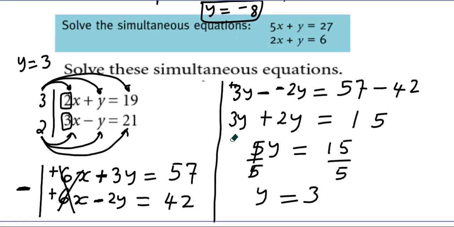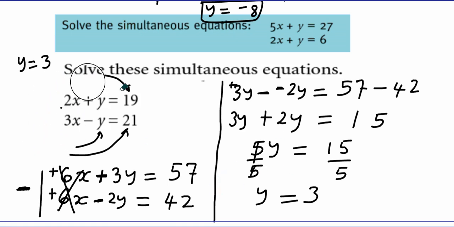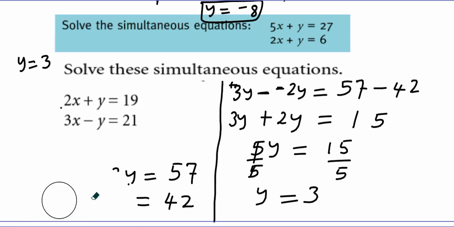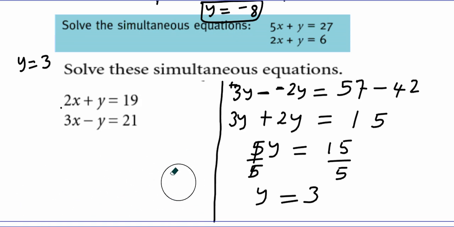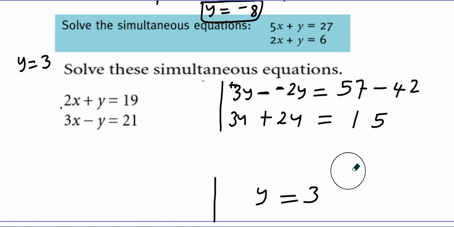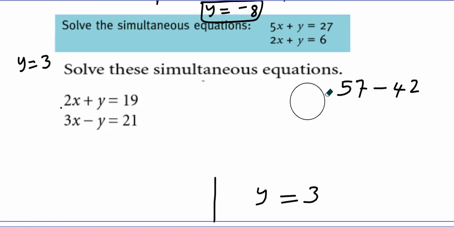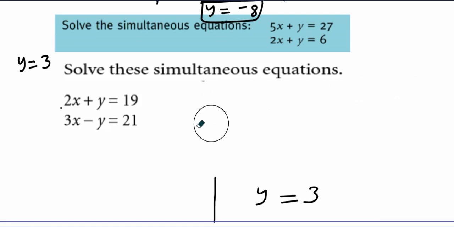So you can pause the video before I delete all this and transfer this wonderful working onto your worksheet. Otherwise, let me delete all these so that I can show you, because we already found the value of y. Now I want to show you how we find the value of x by elimination method.